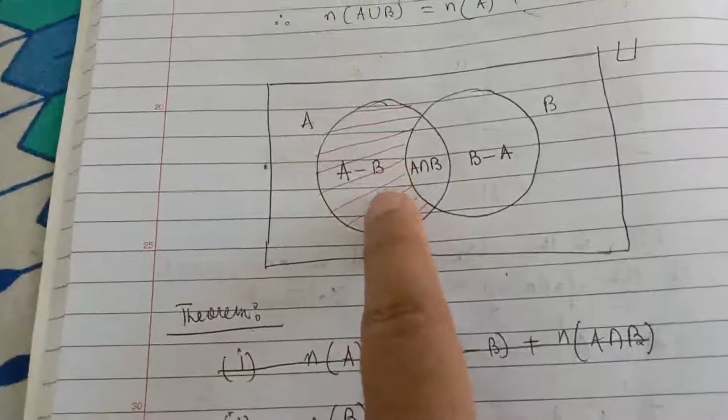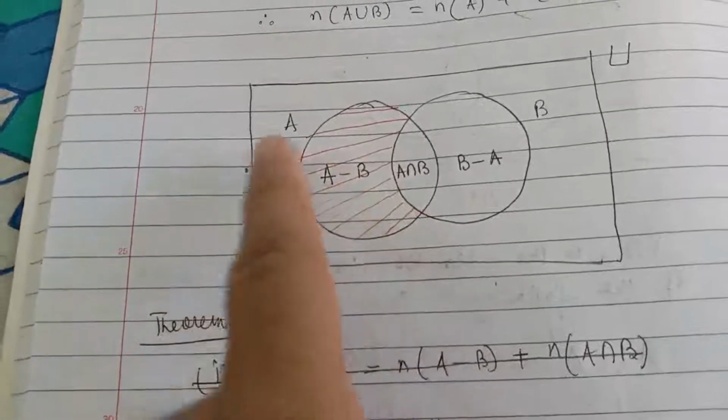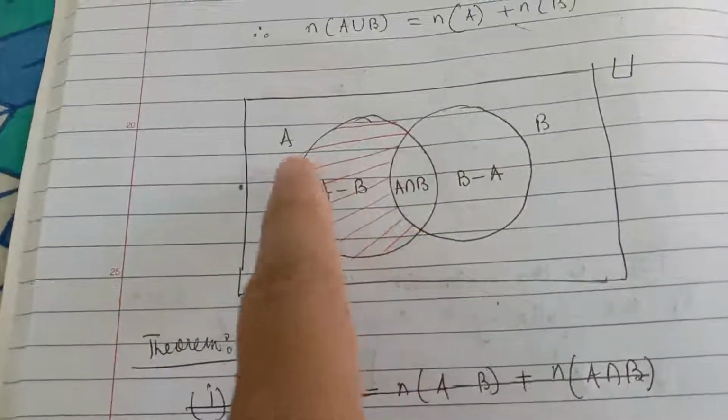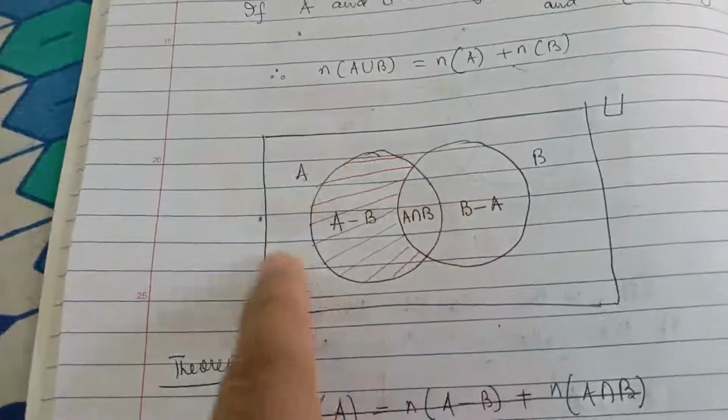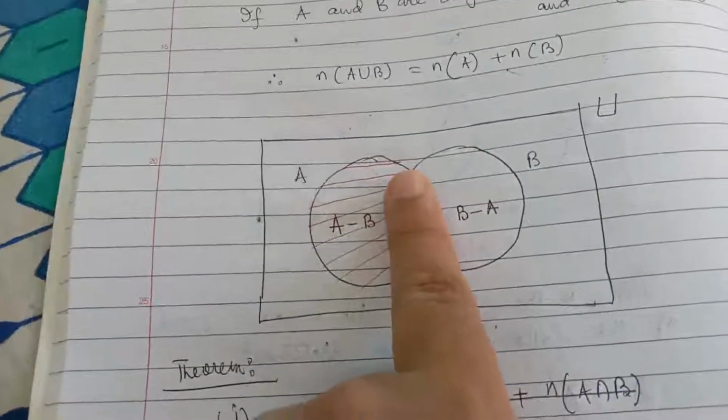This is the A minus B part; the shaded part is the A minus B part. This shaded part is equal to the whole set A minus A intersection B.